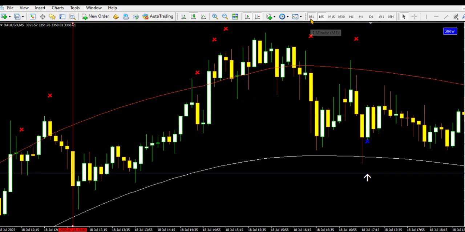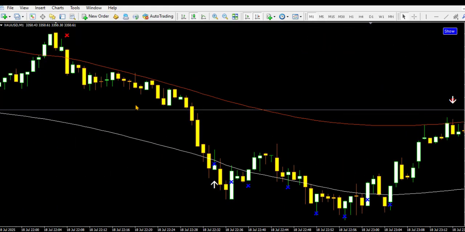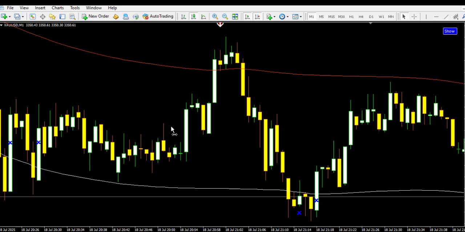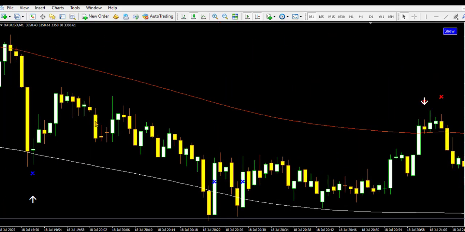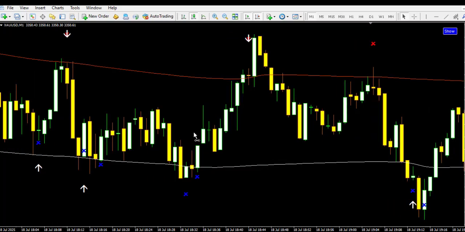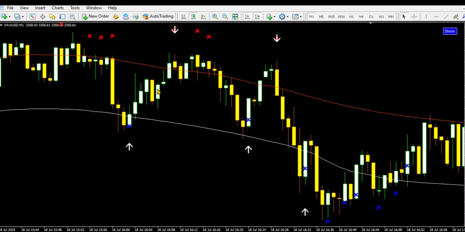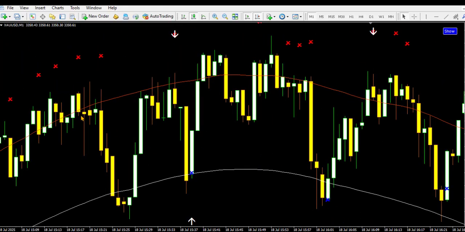But let's go back to 1 minute. We'll be able to take a lot of trades on 1 minute. Let's cap on 1 minute time frame. So we'll be able to take a lot of trades using this on 1 minute time frame on gold.